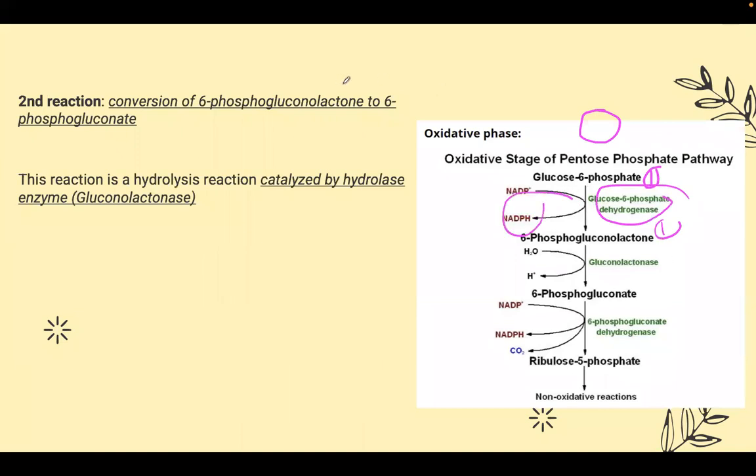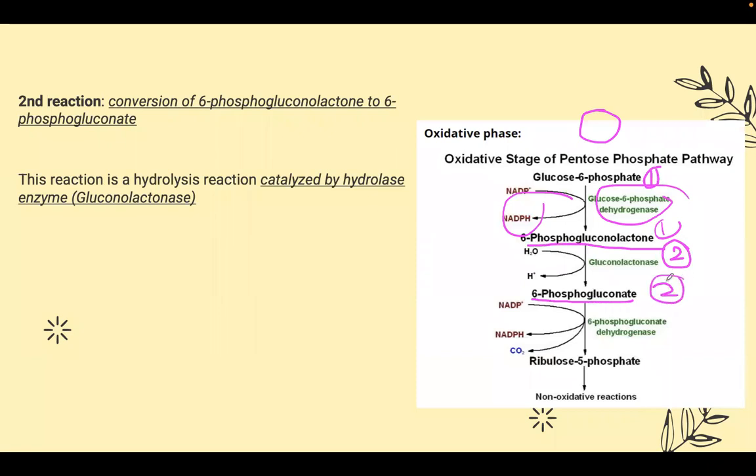It is the conversion of your 6-phosphogluconolactone to 6-phosphogluconate. Okay, phosphogluconolactone, naging 6-phosphogluconate na siya. This is your second reaction. Again, meron na naman pong enzyme involved.